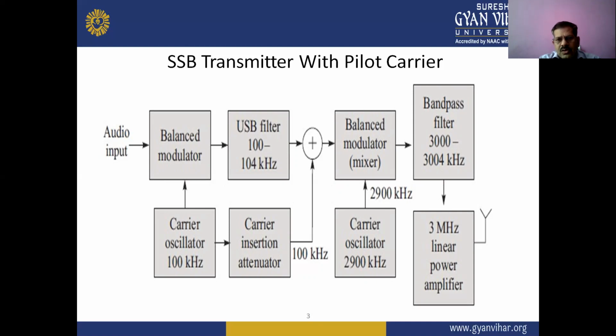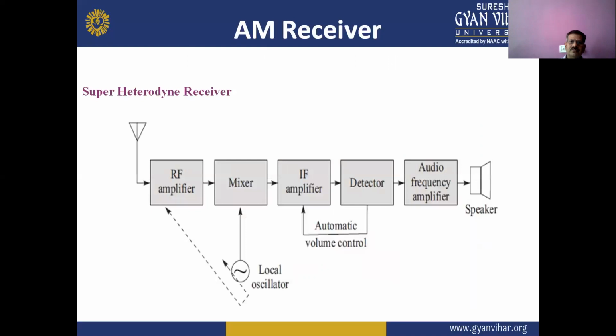The output of this mixer goes to the band pass filter, which has the 3000 to 3004 kilohertz frequency range, and the output of this band pass filter is applied to the linear power amplifier, and this linear power amplifier transmits the signal through to free space with the help of the antenna. So this is the SSB transmitter with pilot carrier.